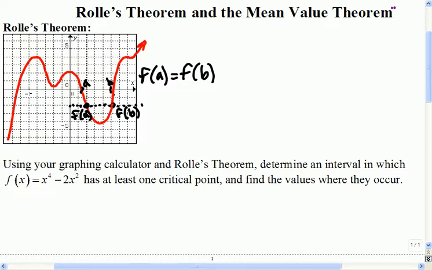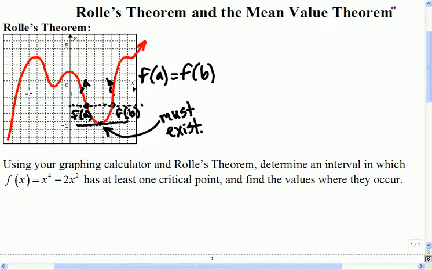You didn't have to draw the same graph as mine, but as long as it's differentiable, somewhere in the middle there, this point must exist. This is the picture to think of for Rolle's theorem.